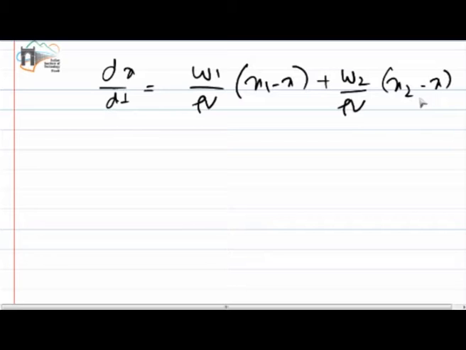Okay. So now we will make some assumptions on this process to simplify the process in the sense that we could have a linear system.